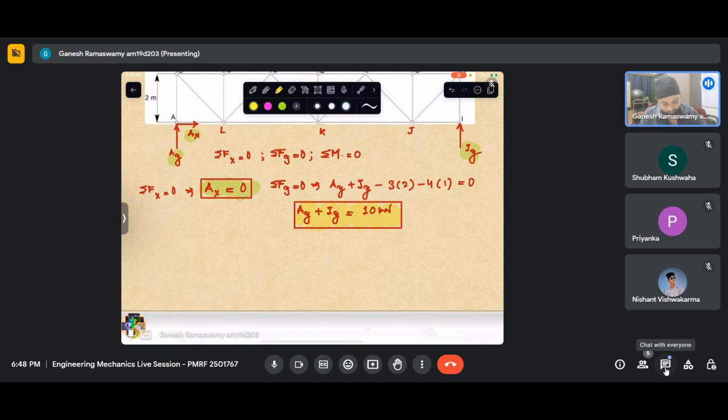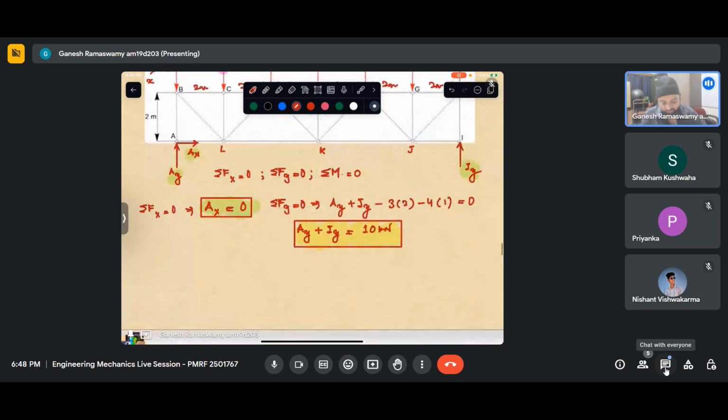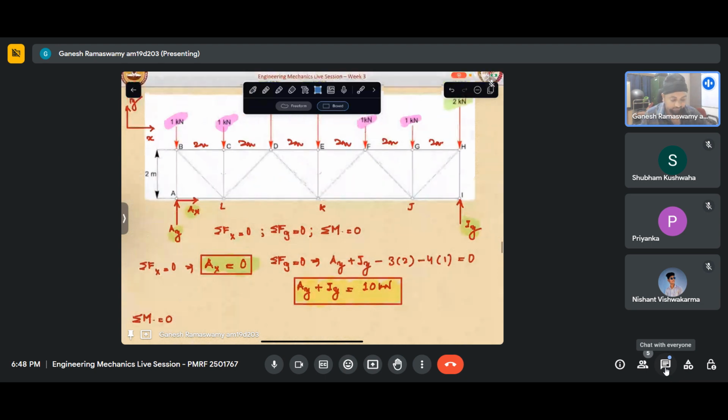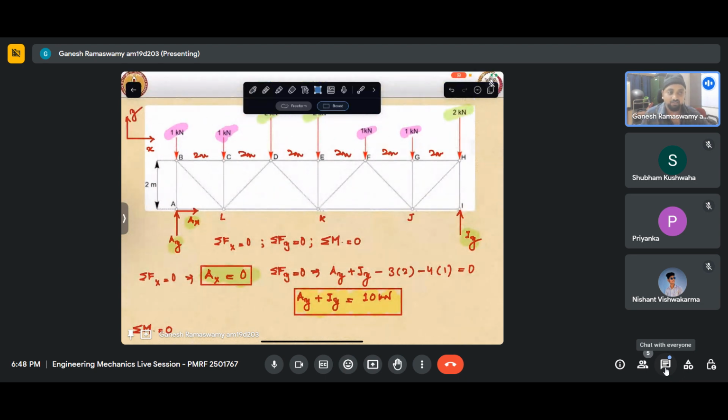Now we can impose the third condition of equilibrium, which is sigma M equal to 0. As we discussed, moment can be taken about any point. We are free to do that. Only we will take it about a point which will make it rather simpler.